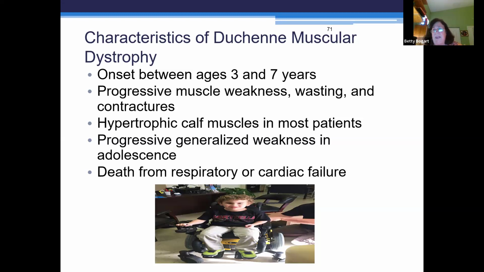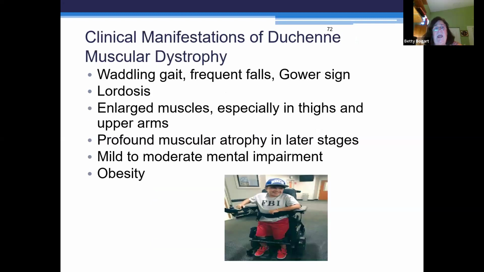The goal is to keep them from being too heavy because they tend to be overweight, and they also tend to be that one that needs that physical therapy, the occupational therapy. This is the child with that lordosis in the low back, okay?